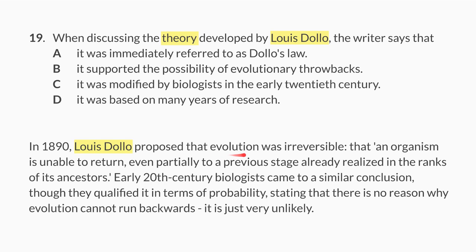All right, I see something about evolution here, and it talks about evolution here as well. Let's keep scanning. There we go, early 20th century. That one is over here, option C, early 20th century. It also says biologists, so C also mentions biologists. All right, anything else?